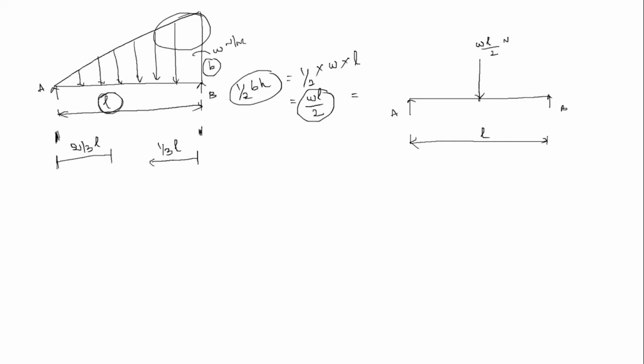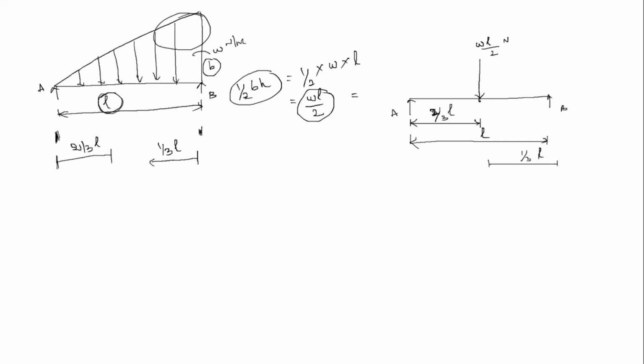And the point is at how much distance from A? 2 by 3 of L, or 1 by 3 of L from the other end. Okay, this is the way we are going to convert.